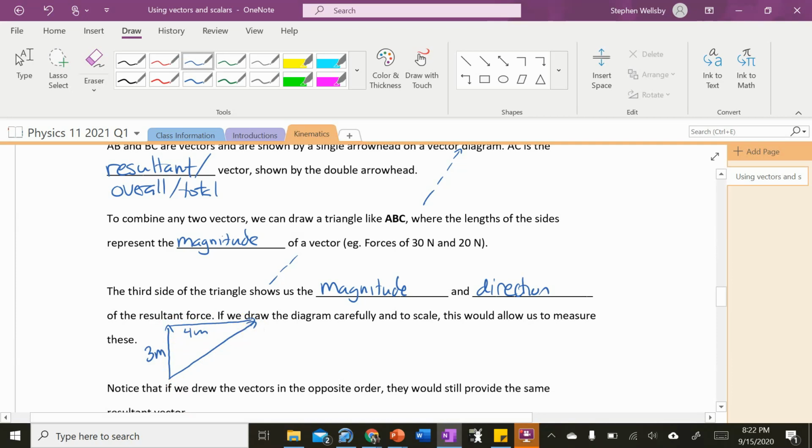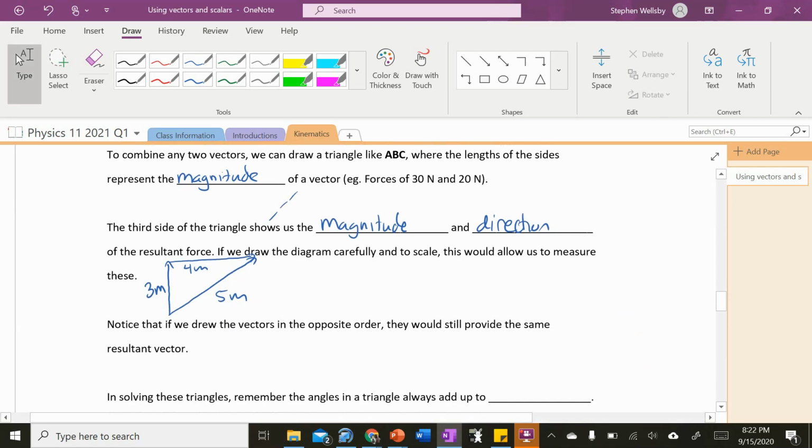I could just measure this directly. So if we measure something to scale, 3 meters, 4 meters, 5 meters, we can use a carefully done drawing to actually determine what our third vector would be. But of course, that's not a very practical means of doing it, and so calculation is the way that we're going to do it, but in theory, we definitely could.